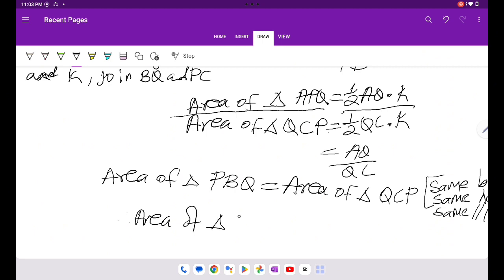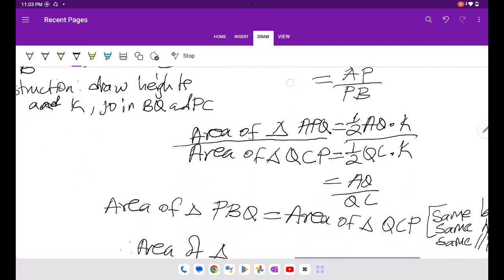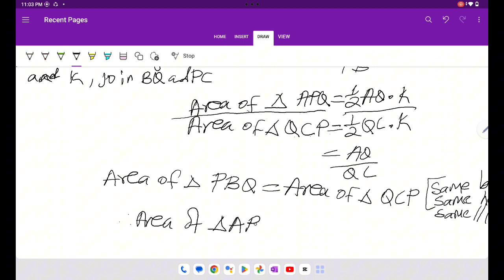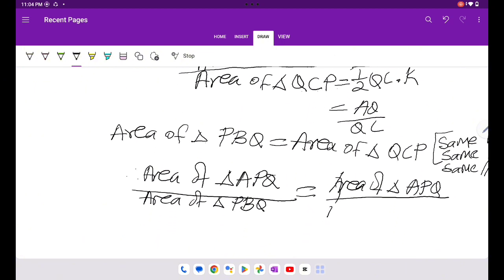the area of triangle APQ divided by the area of triangle PBQ is the same as the area of triangle APQ divided by the area of triangle QCP.